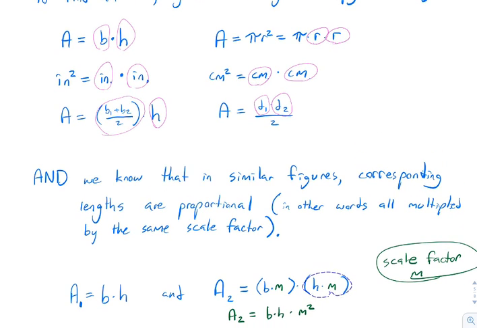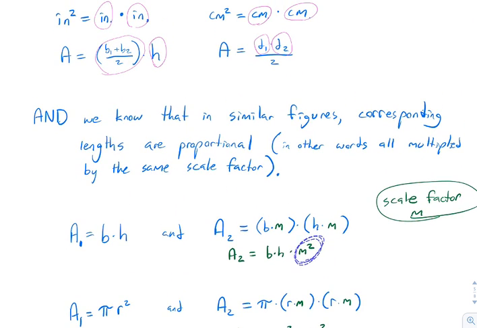And so now we get the original base times height, the same as the original, except now we have this extra m in the first one, this extra m in the second one, giving us an m squared, right? Because you multiplied an enlarged base times an enlarged height, and so now we have two of these scale factor m's here.